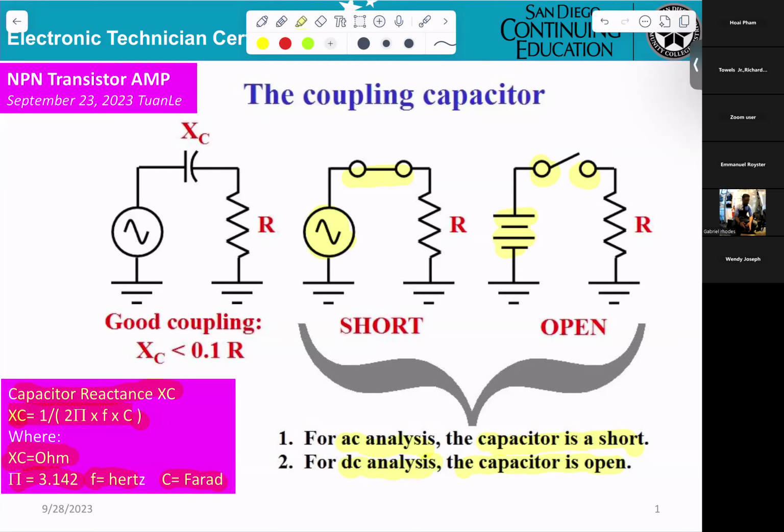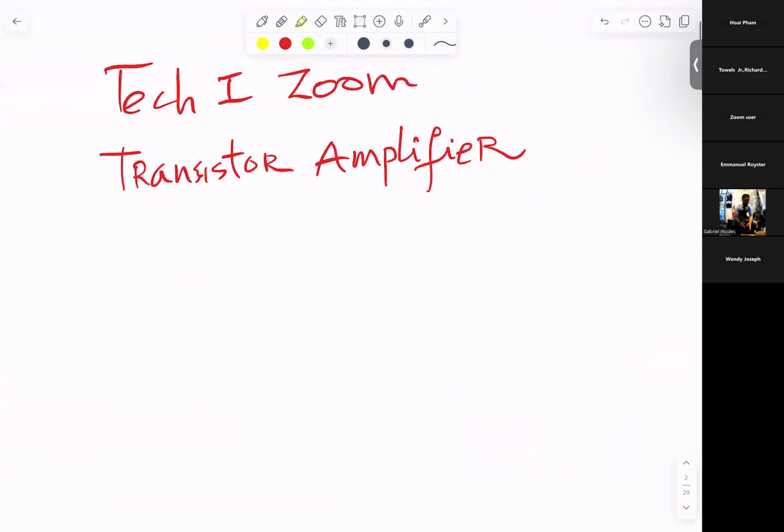The reason it is open is that when the capacitor gets a full charge, no current can flow through it. However, on the AC, it will get a resistance, and that is called the capacitive reactance, Xc, and they have already given you the formula to calculate it.